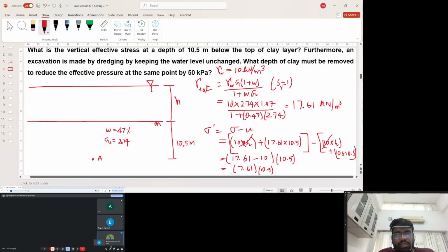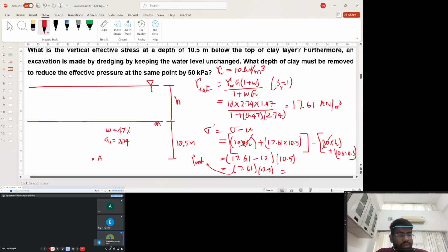This is the submerged unit weight. When you get more proficient with the calculation of effective stresses, if somebody is asking to calculate effective stress at a particular point, and the entire column is under the water table, then you can directly multiply gamma submerged into the required height.